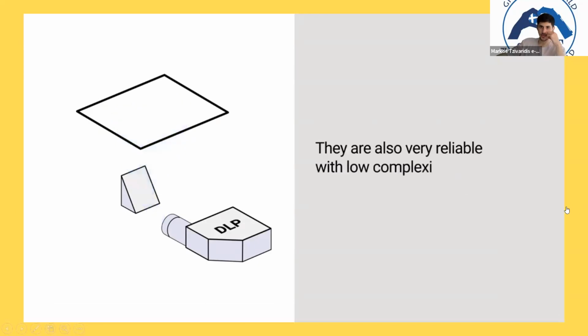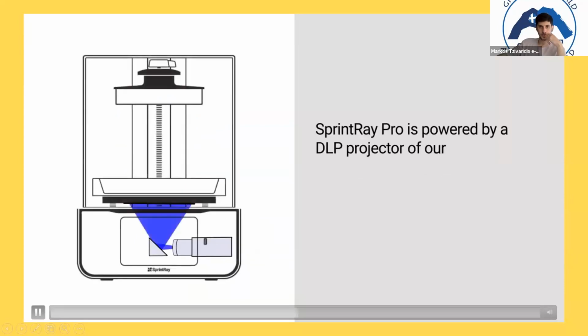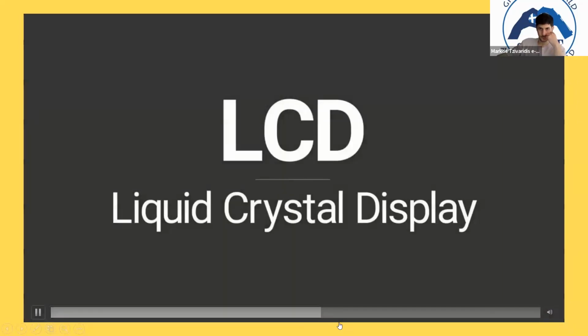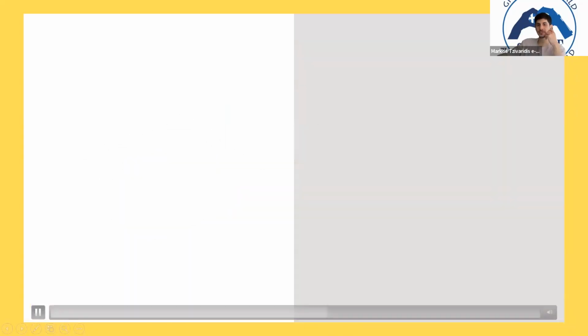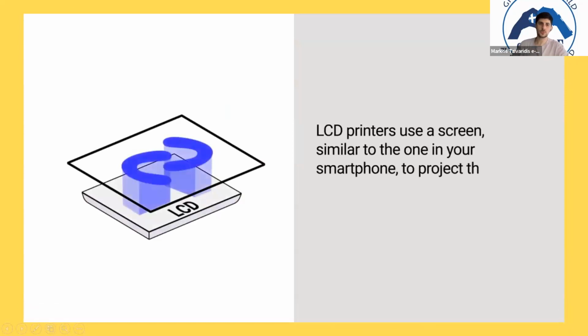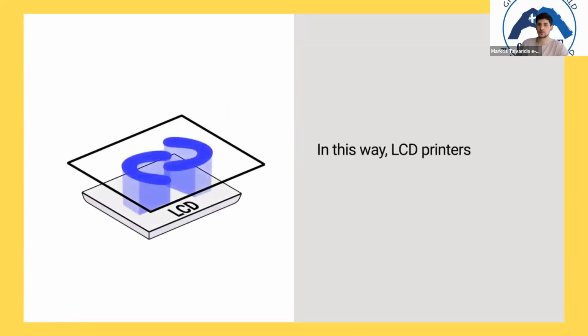As we said, they can be very fast and very reliable with low complexity parts. The LCD type printers, as we said, is basically the same, but it uses an LCD screen instead of a projector.